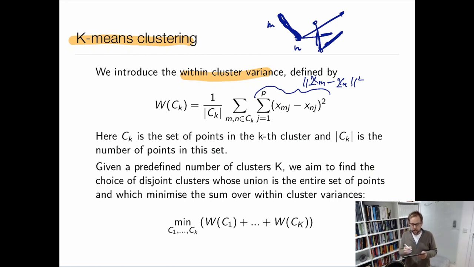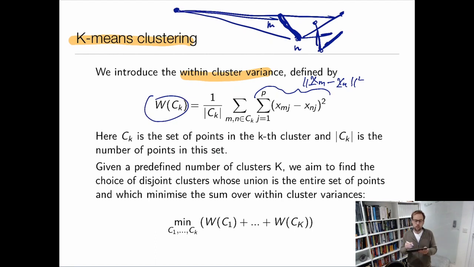Obviously, if the cluster is very compact, the sum of all these distances will be smaller, whereas if there is one point very far outside, there will be a lot of connections of this point to other points, which will increase the value of W. So the clustering algorithm will try to avoid this, because it would create very large values of W, and what the algorithm is trying to do is minimize the sum of all these W's.